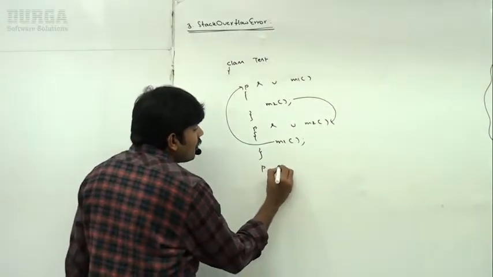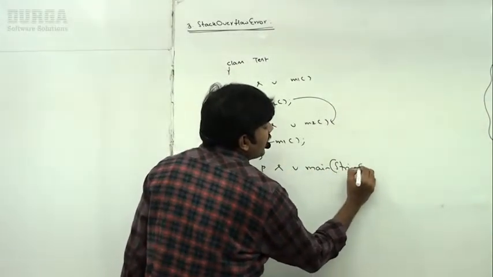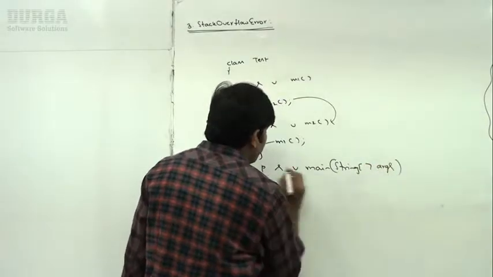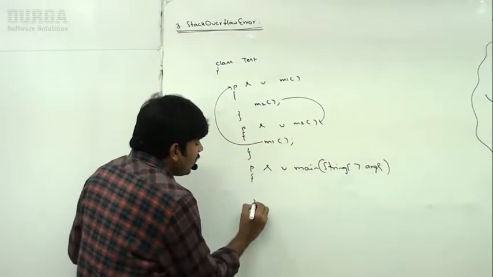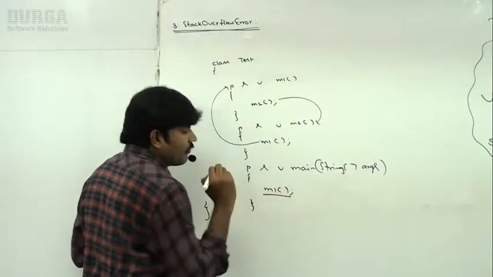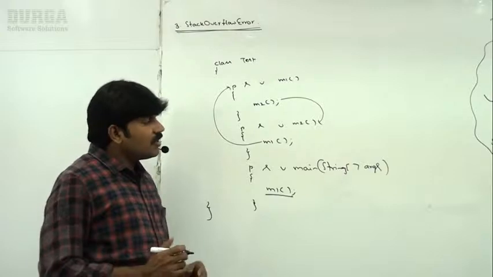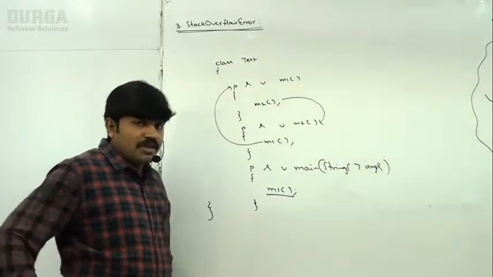Sir, now public static void main, String array args. Now my target is, sir, take very special care: from main, I'm calling m1. Now the point here is, do you know how many threads are available in this program?